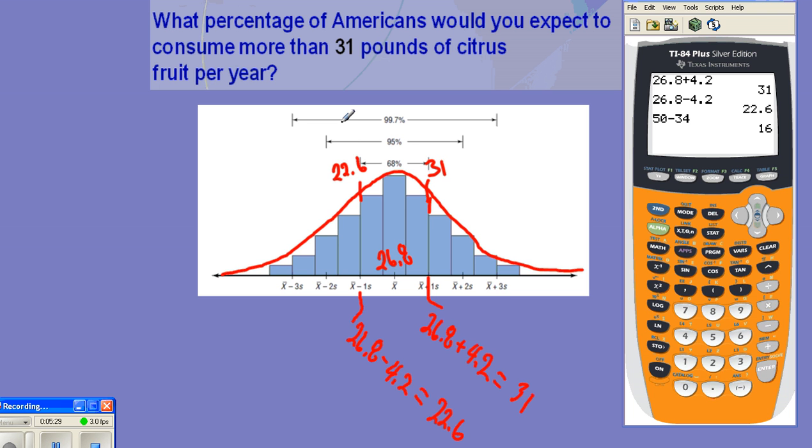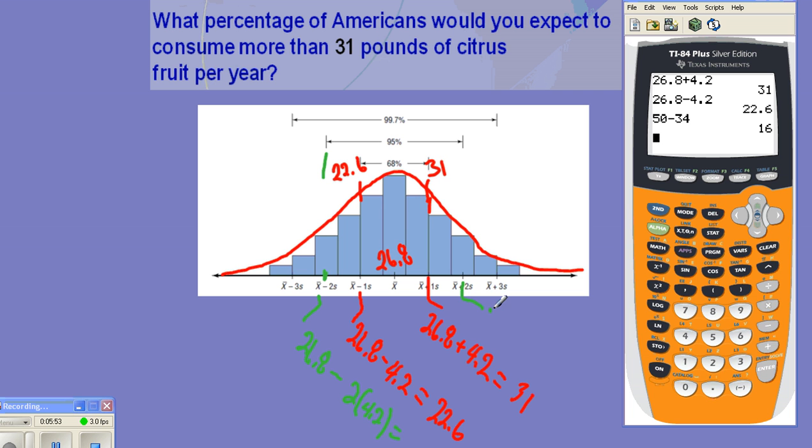Well, the 95 rule is that right here, if we come on down, we're going to take 2 standard deviations below. So the 95 rule says that I'm going to take the mean, which is 26.8, but this time I'm going to subtract 2 standard deviations. So I'm going to take 2 times my standard deviations. And then I'm going to go above.